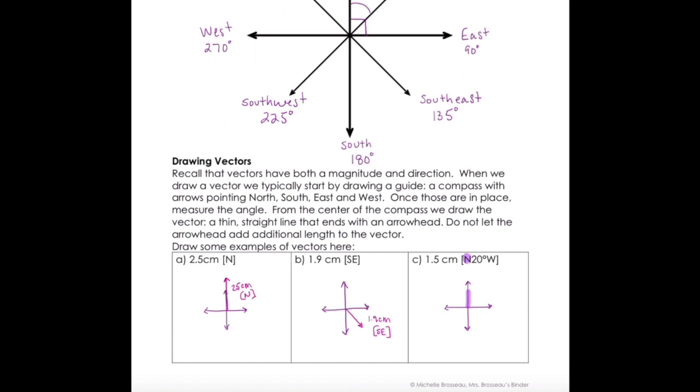Okay, so from our north compass line, we're going to go 20 degrees west, so this direction. Okay, so when we draw in our line, it'll be 1.5 centimeters, and this would be 20 degrees, because from the northern compass line, we went 20 degrees west. So hopefully that makes sense.